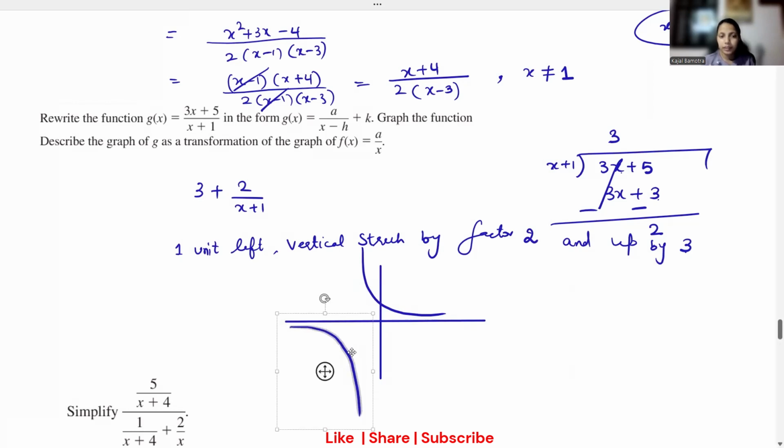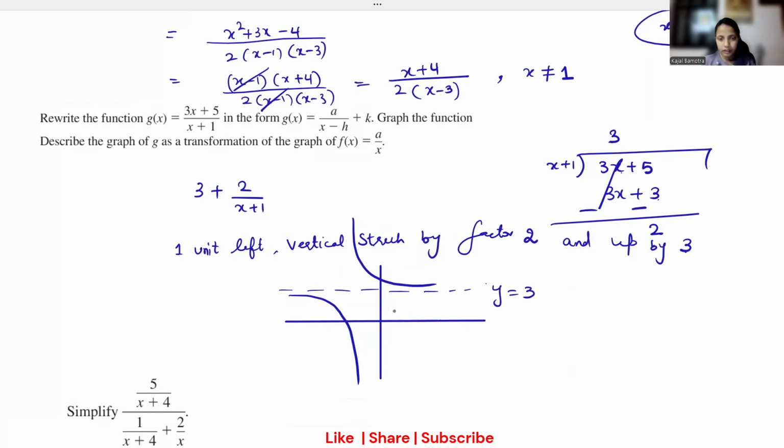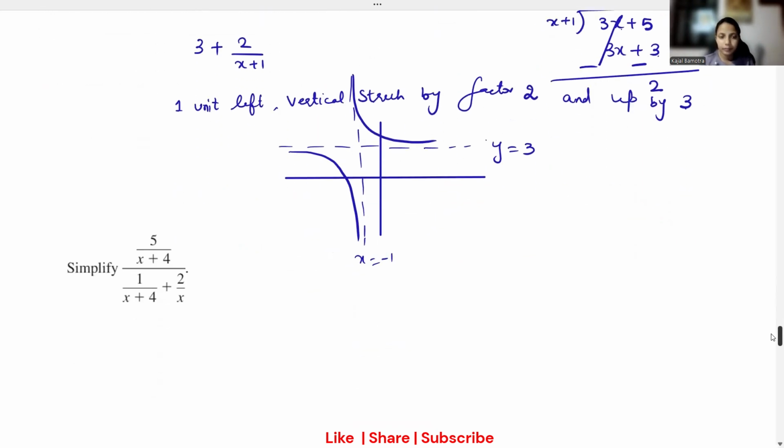And shift by 3. Up by 3. So y equals 3 is an asymptote here. X equals -1 is an asymptote. This is the graph. Okay, let's do the next one.